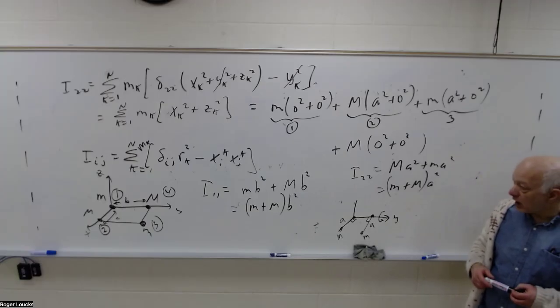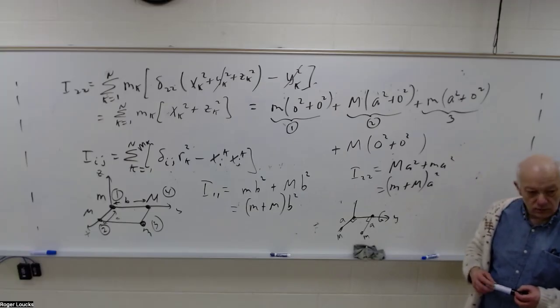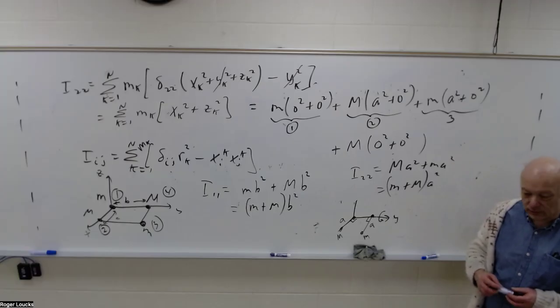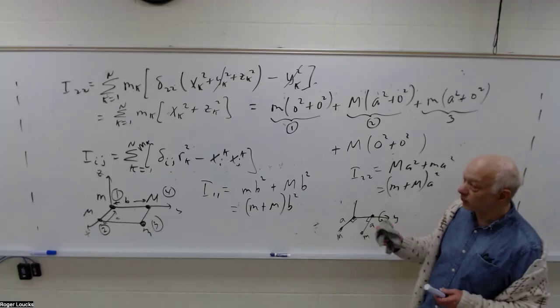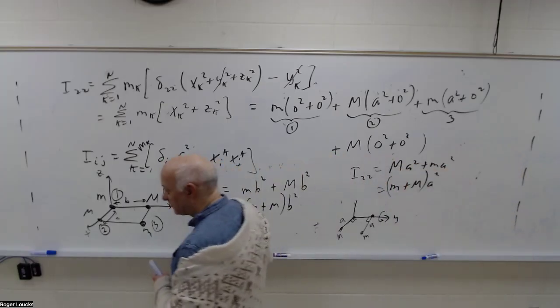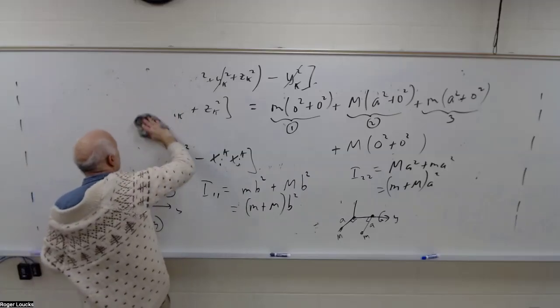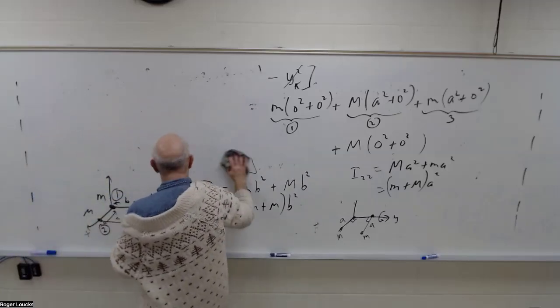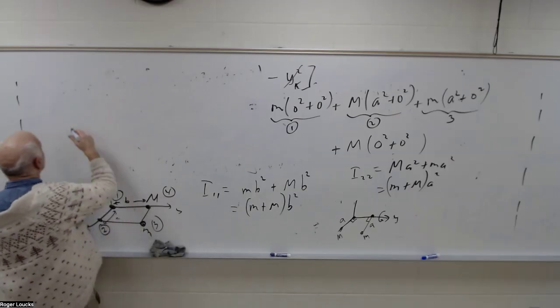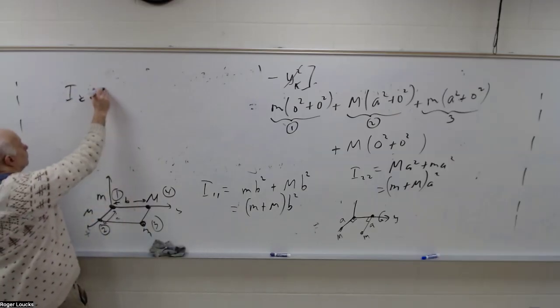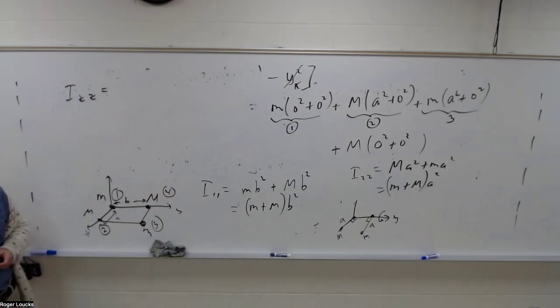What happens for IZZ? Let's just write down, because I don't want to just do this on the 125 level, I want to get to the full symmetric matrix. If I just say calculate this by 125, what would you say IZZ is? So what's my rotation axis now?